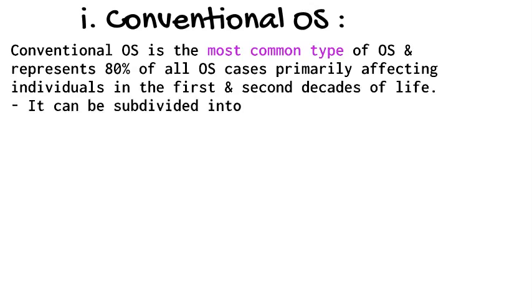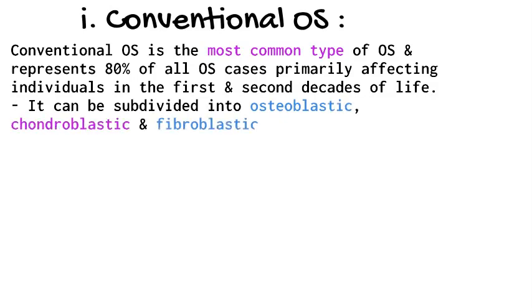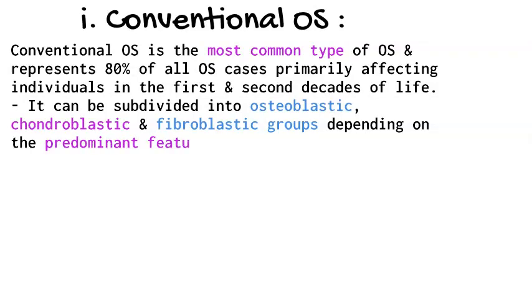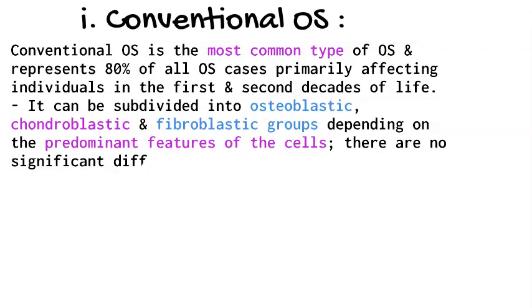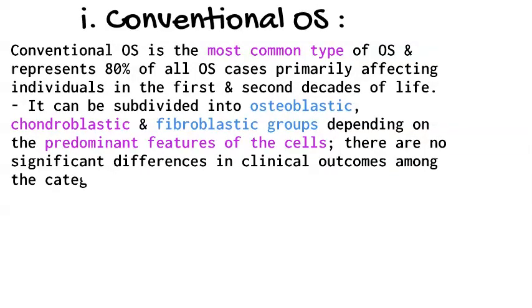It can be subdivided into osteoblastic, chondroblastic, and fibroblastic groups depending on the predominant features of the cells. There are no significant differences in clinical outcomes among the categories.